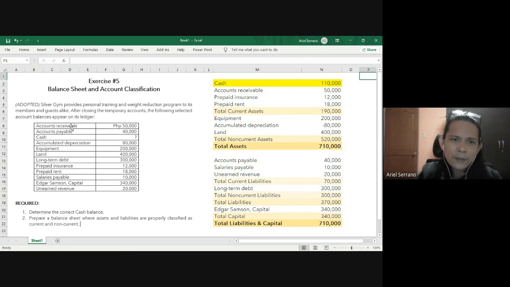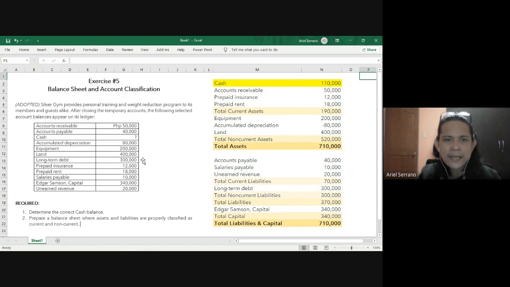You have your accounts receivable for 50,000. You have your accounts payable for 40,000. This part, this is what we will try to determine. Accumulated depreciation is 80,000. Equipment is 200,000. Land is valued at 400,000.